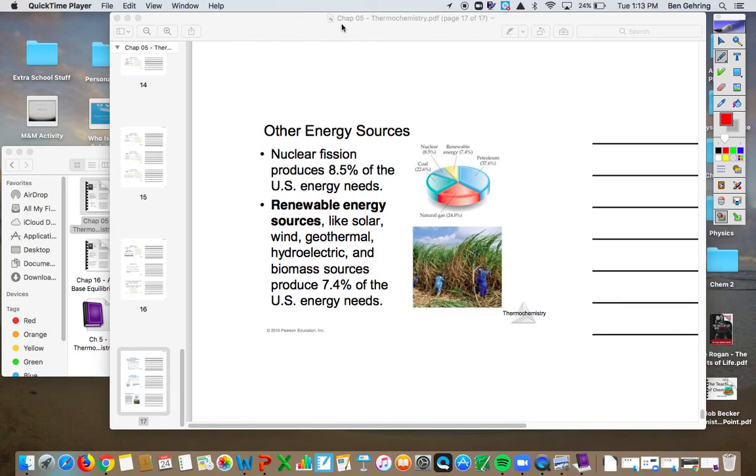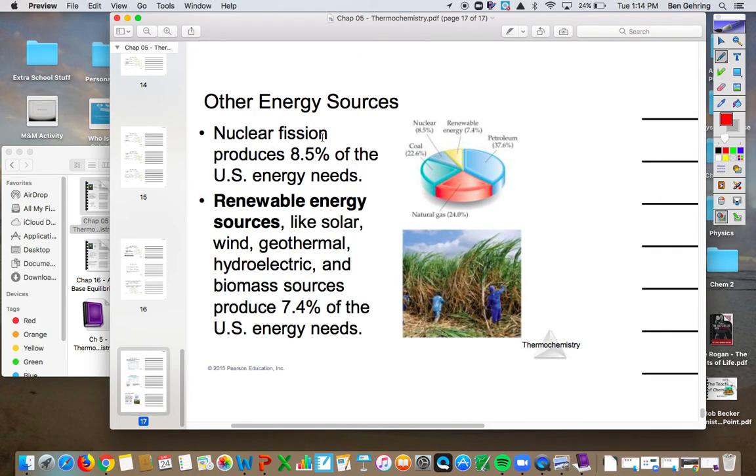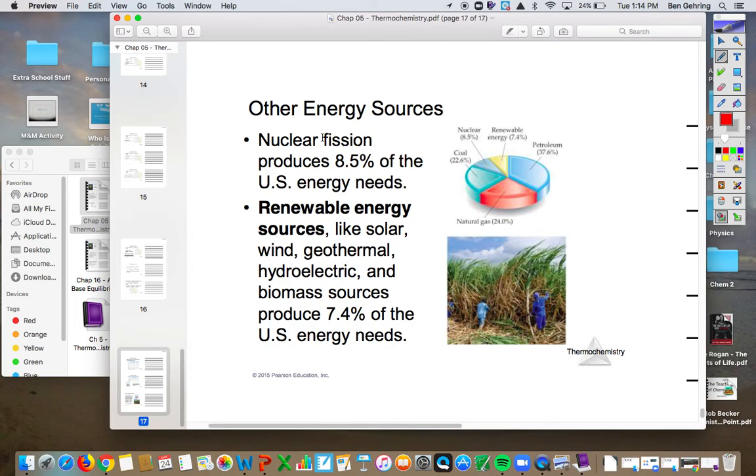Some other sources. I can't write on this page, but that's okay. We use processes like nuclear fission, which produces 8.5% of our U.S. needs. We have other renewable energy sources, such as solar, wind, and geothermal.